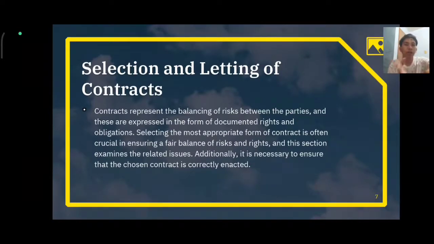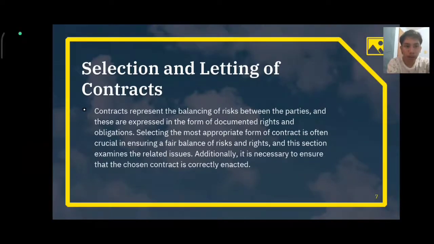Pero kung hahanap ka ng pinaka-appropriate na contract, siya pa yung pinaka-crucial, kasi yung form ng contract, hindi naman alam ng both parties yung form na yun, parang ganun.